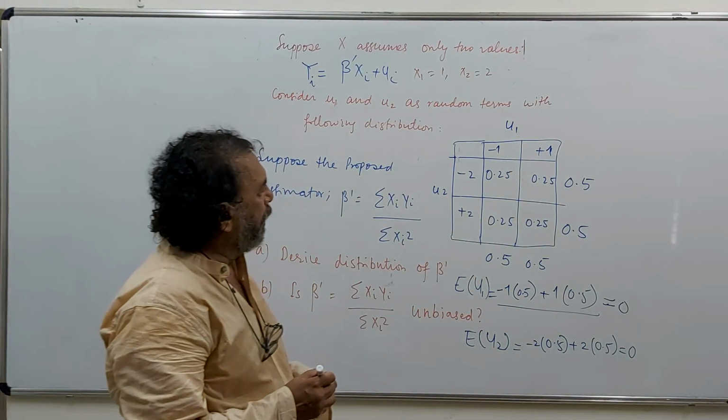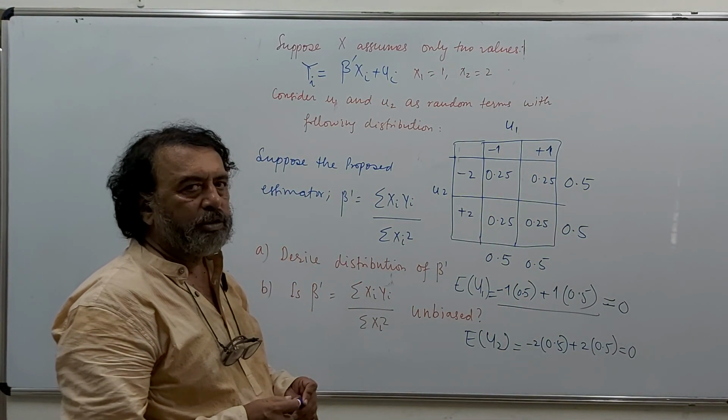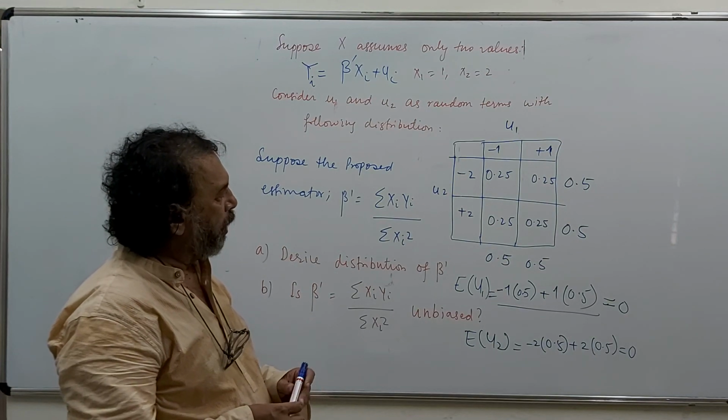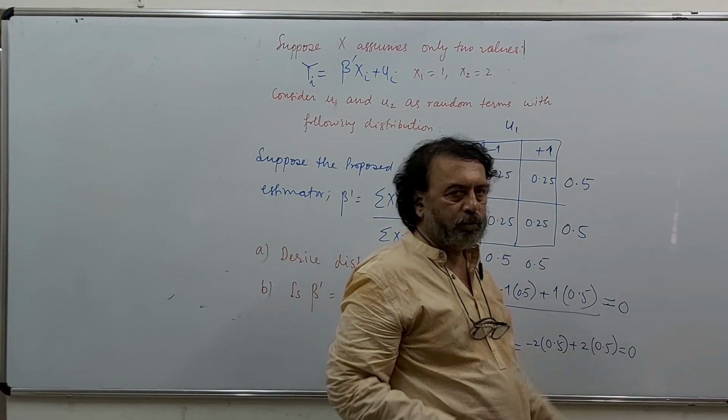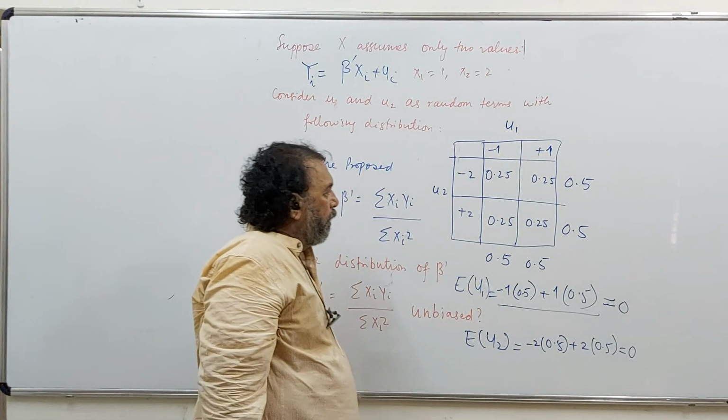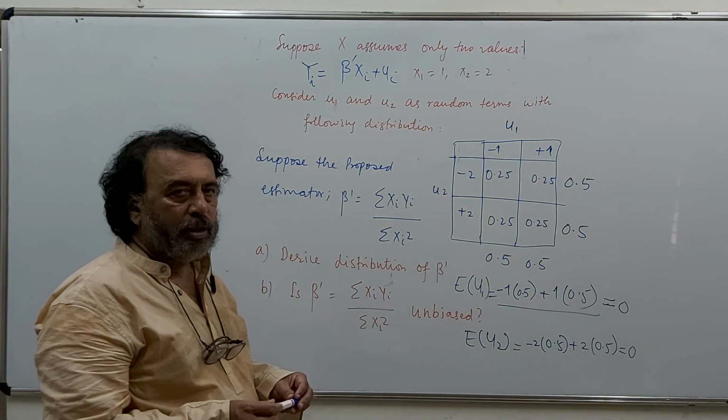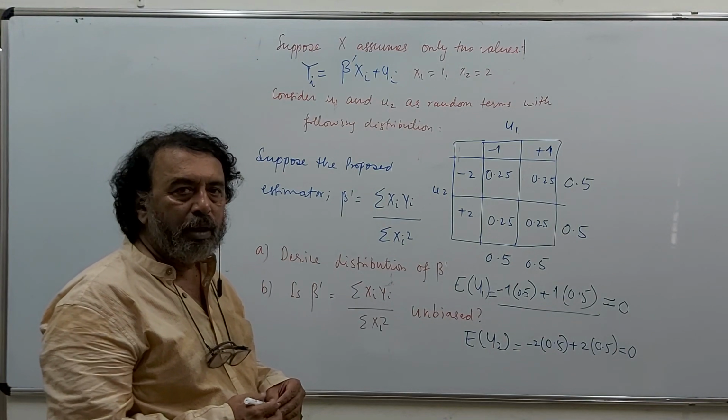So as you can see, we have got u1 and u2 as two random error terms whose expected values are zeros. Now similarly, you can calculate what the variance would be.